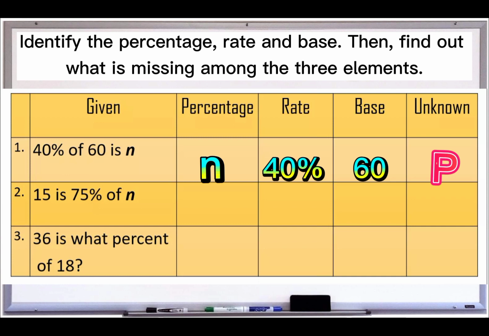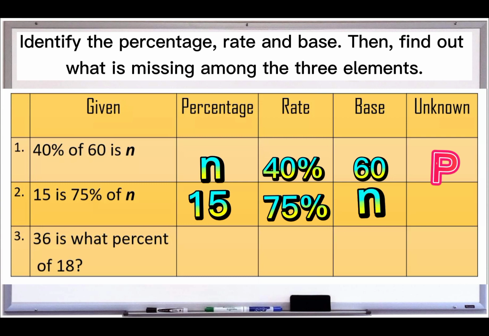Okay. Next, number 2. 15 is 75% of n. Okay. So, 15 is the percentage. Correct. 75% is the rate. Very good. And then, n is the base. So, the missing element is base. Correct.